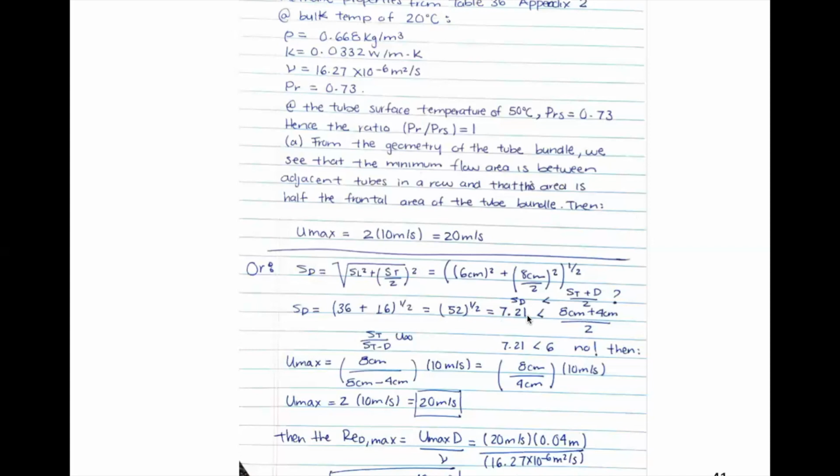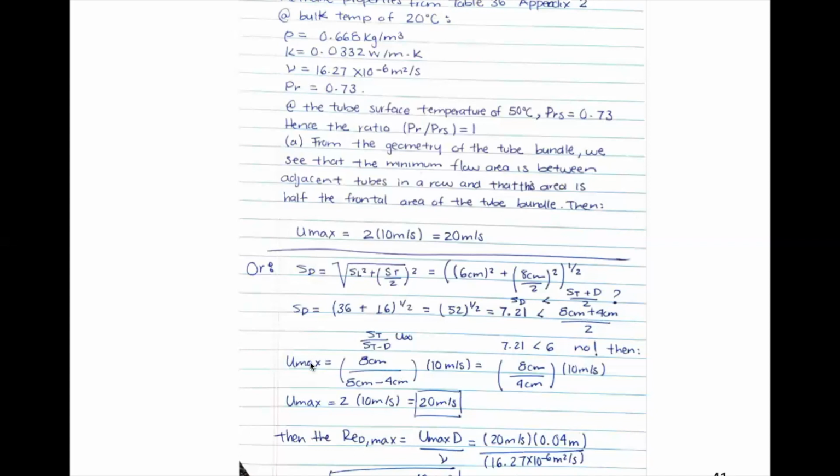Now I'm going to apply the little algorithm I showed you in the previous slide. SD is smaller than the average of ST plus diameter divided by 2? So this 8 plus 4 divided by 2 gives me 6. So 7.21 is smaller than 6? No. Then I'm going to calculate Umax with this equation.